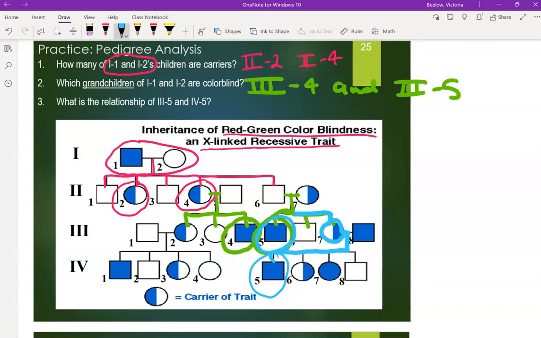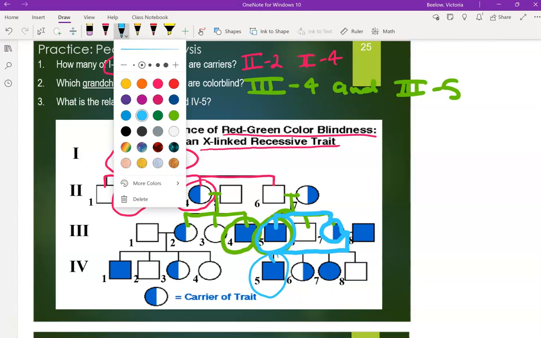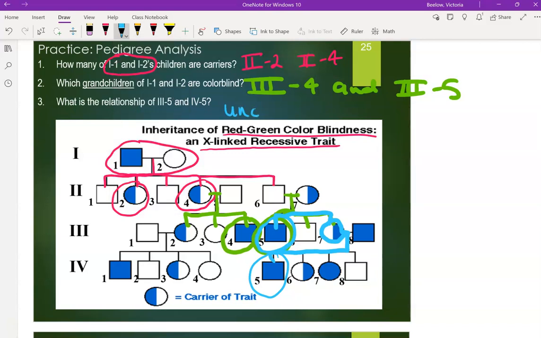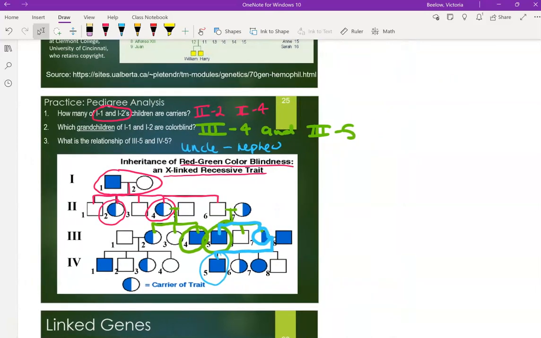And that would be the mom's brother. So this would be uncle and nephew. Okay? Because this guy right here is his mom's brother. And that's how we analyze a pedigree.